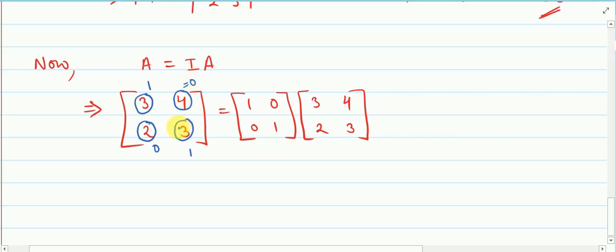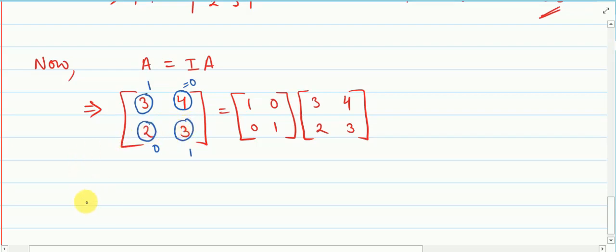How are we going to make them 1 and 0? By using elementary row transformations. When we try to make these, we apply the transformations on this matrix A as well as on the identity which we have on the right. That way we get one matrix over here, and this will be completely an identity matrix, and therefore we get the inverse of A.